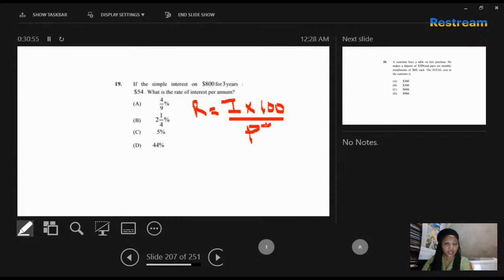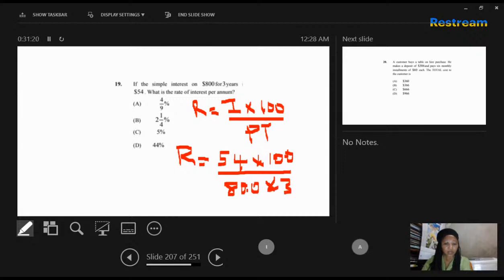So the interest is $54, times 100, over 800 times 3.